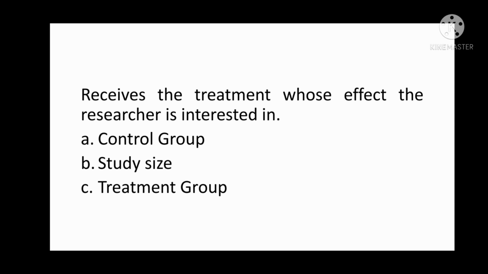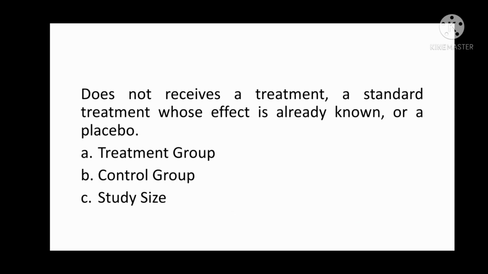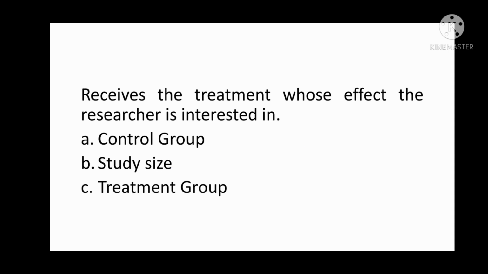Okay, so let's go back to the previous slide. The answer for this is control group. As for the next slide, the answer is letter C, treatment group. So what is the difference between control group and treatment group?